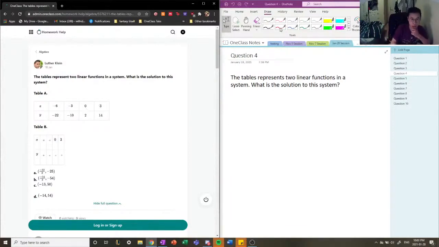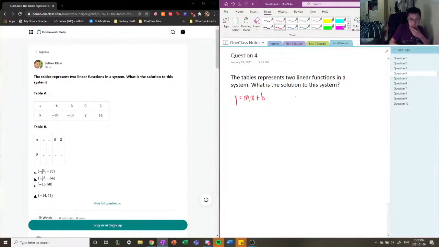As you may or may not know, the standard form for a line equation is y equals mx plus b, where m is the slope of the line and b is the y-intercept of the line. We're going to use this standard equation of the line to find our linear equations.